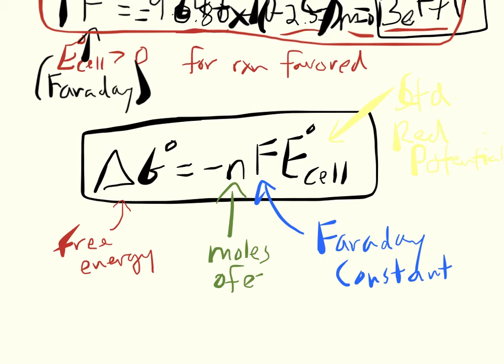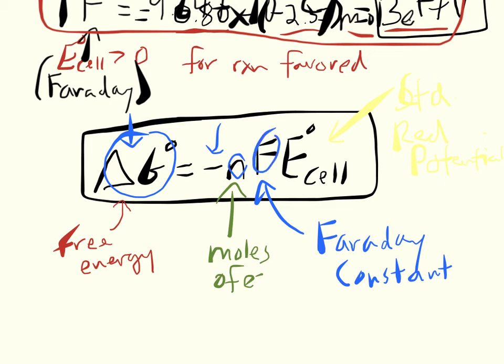So this is one equation that we need to walk away with. We'll practice in class how to plug in certain values to solve for the relationship between E naught cell and delta G. But what you can clearly see right away is, we know that when delta G is negative, a reaction is thermodynamically favored in the forward reaction. So just think about it. If this value is less than 0, and we have a negative on this side of the equal sign, these values are going to be positive.